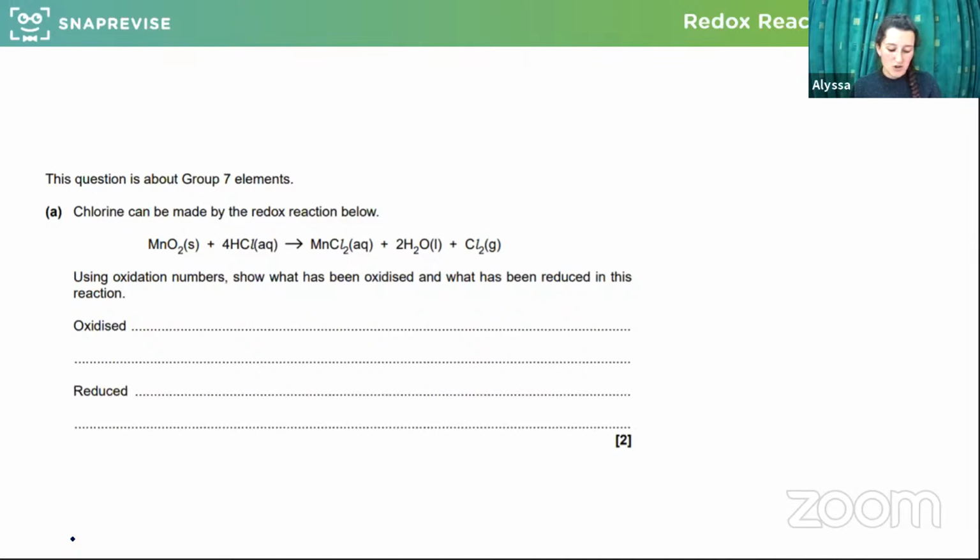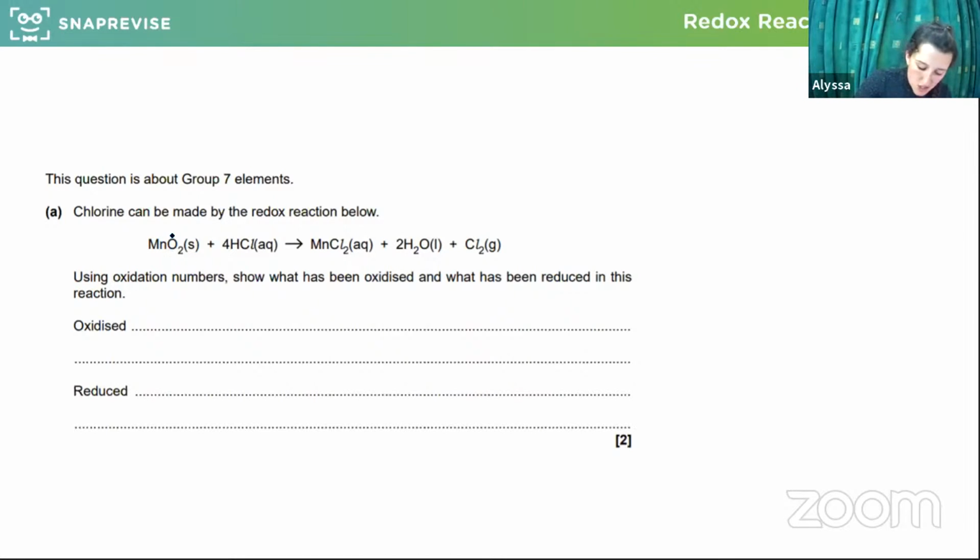Otherwise, let's write up some numbers. Feel free to write it on the side of your screen, or on a piece of notepaper. Because I like using what they've given us, as it's really useful in an exam, I'm going to write all my oxidation numbers above the elements in my chemical equation. So what do we already know? I'm going to do all of them because we don't know what has or hasn't been oxidized yet.